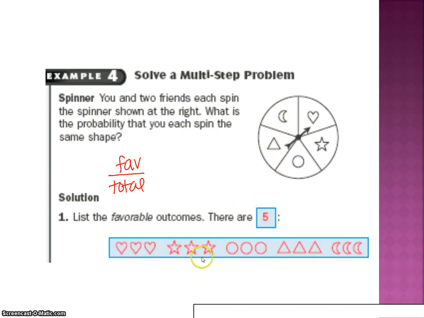Now remember, all 3 spins need to be the same. So the first spin is a heart, heart, heart. That's one favorable outcome. Star, star, star, that's the second. Again, the shapes just have to be the same. So that's why there are 5 favorable outcomes.